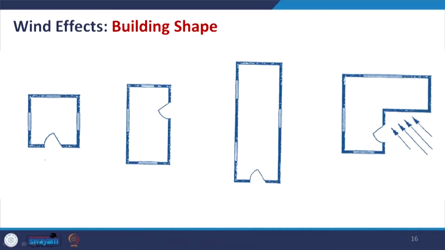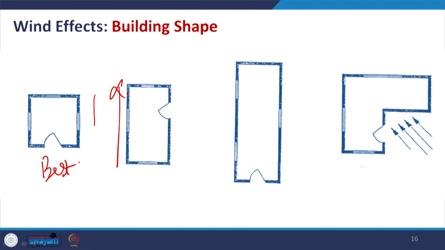Now, coming to the other wind effects on the building. This is considered to be the best out of the given options, and whenever we elongate this side, that will be more risky, and when it is like this, it will be even more risky depending on the wind direction.